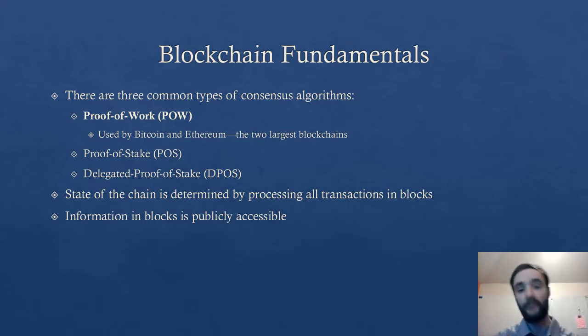There are three common types of consensus algorithms that are used. There are proof of work, which is used by Bitcoin and Ethereum, which are two of the largest chains, but others use it as well, proof of stake and delegated proof of stake. These are different ways that a blockchain validates who adds the next block, and by extension, what is in that block.